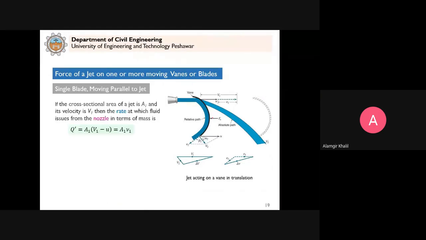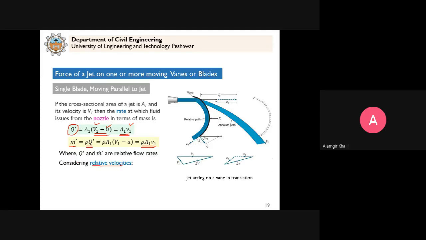So now it will be q dash, and q dash is A1 into (V1 minus u), where V1 is the absolute velocity of the jet and u is the velocity of the vane. So this is equal to A1 into the relative velocity small v1, because V1 minus u is equal to the relative velocity small v1, and the mass flow rate will be equal to rho into q dash.